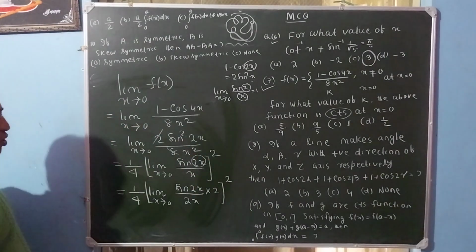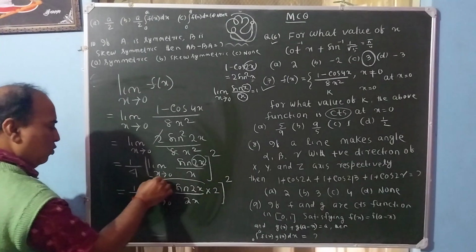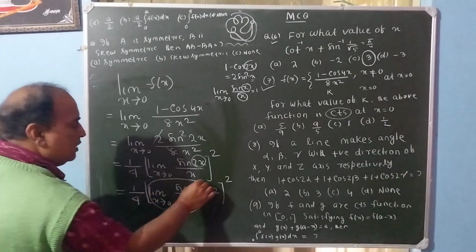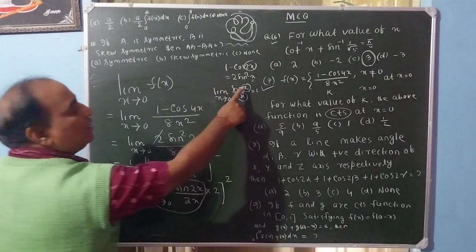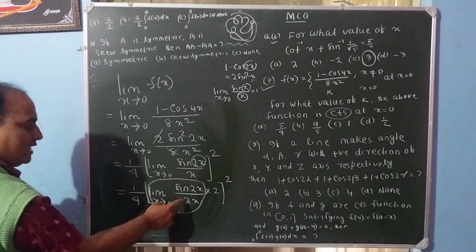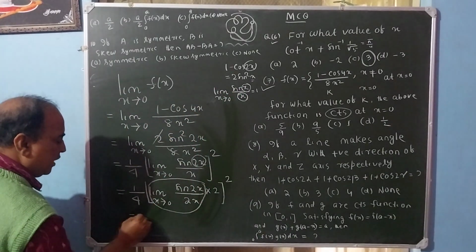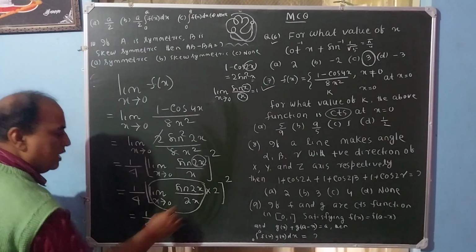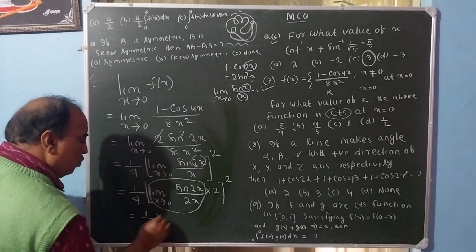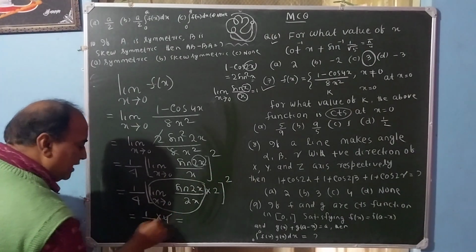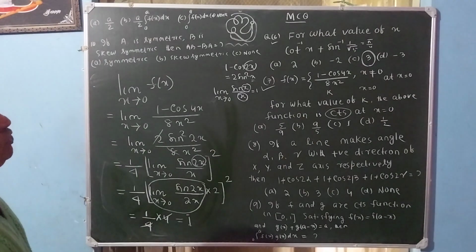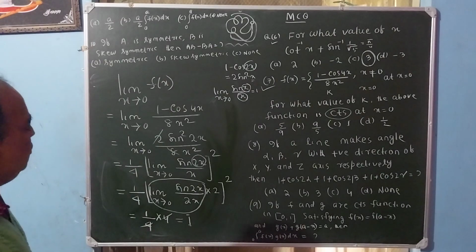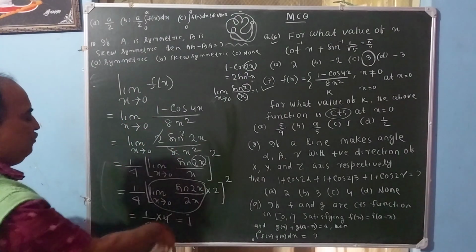Okay, so this limiting value will be equal to 1, since it is 2x, 2x. So we get 2 here, and 1 by 4 into 2 square, that is 4. So 4 cancelled, is equal to 1. This is the limit of the function.